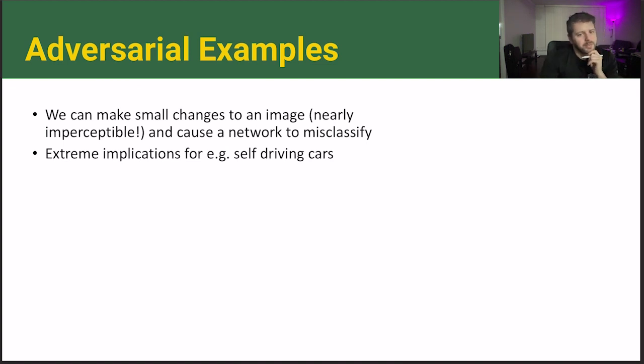We'll talk a little bit about adversarial examples now. We can make small changes to an image which are almost imperceptible, and this causes the network to misclassify.